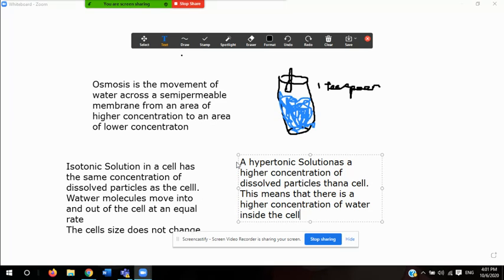There is a higher concentration of water inside the cell than outside.